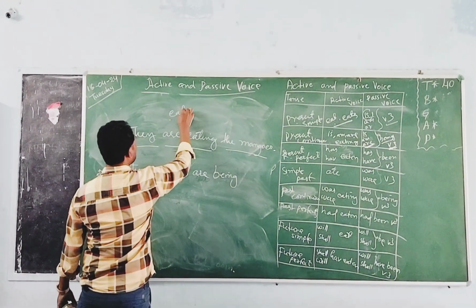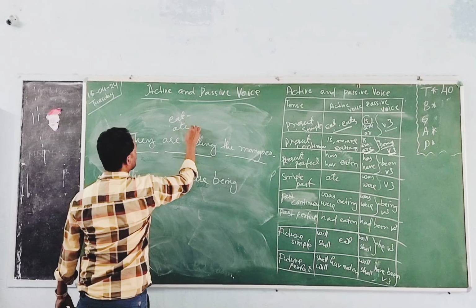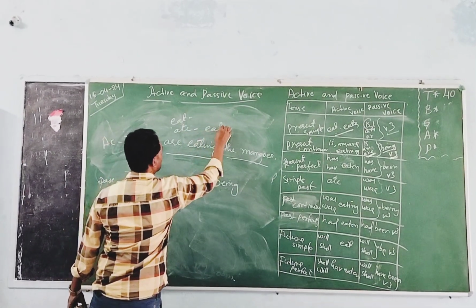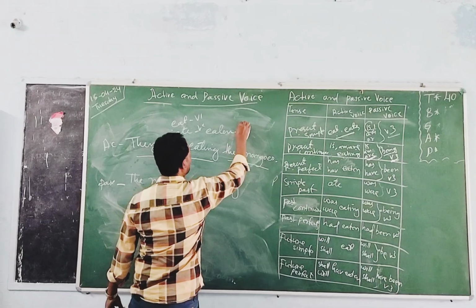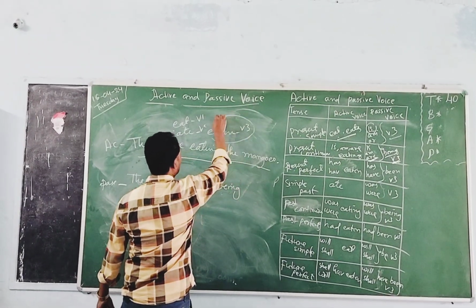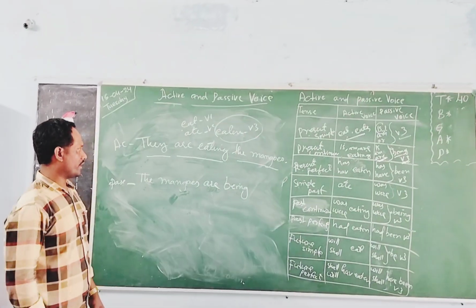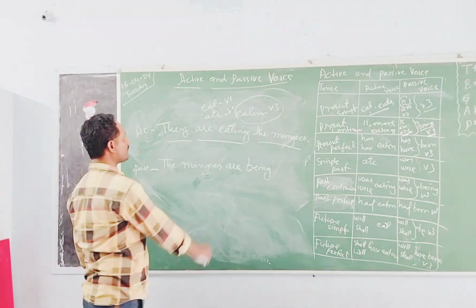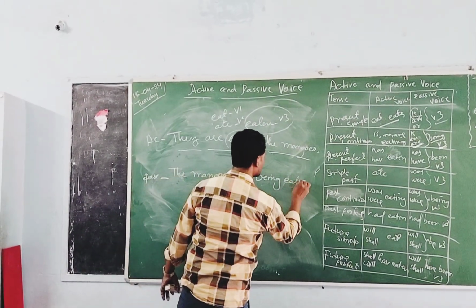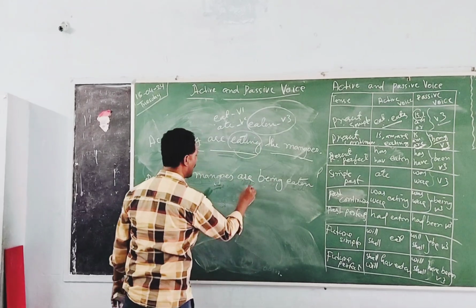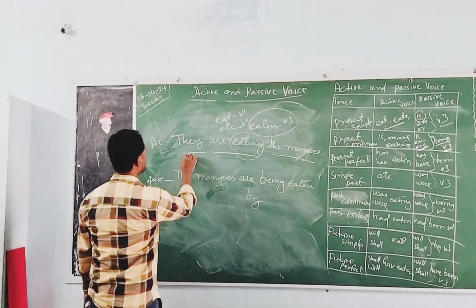For example, eat, ate, eaten. So verb 1, verb 2 and verb 3. Always in passive voice comes the verb 3. Okay, what's the verb 3 of eating? Eaten. And compulsory, by will come.